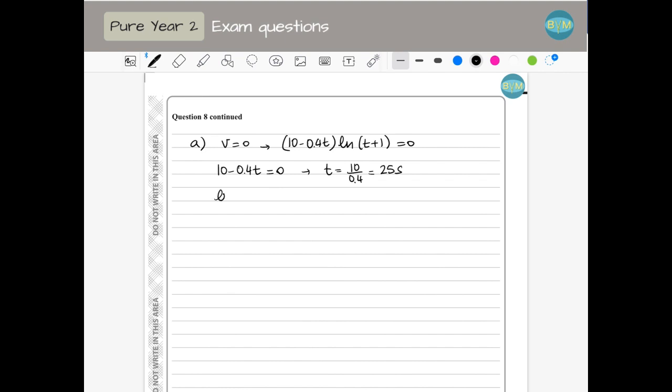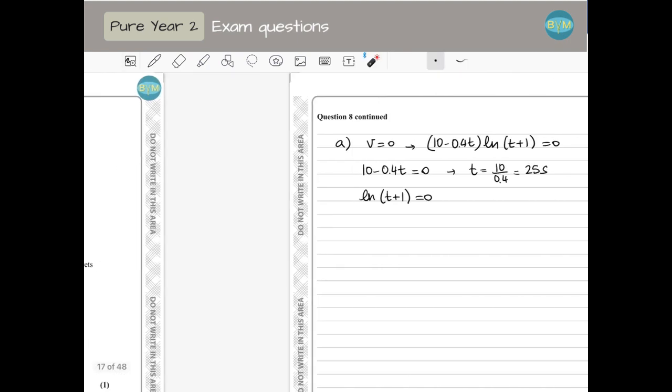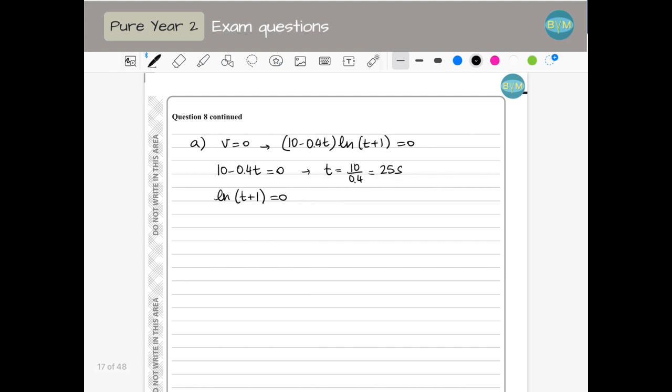The second one is going to give me the other value: ln(t plus 1) is 0, so t plus 1 is e to the power of 0, which is 1. Therefore t is 1 minus 1, which is 0. So these are the two values, but they are asking in particular for this one, capital T, 25 seconds.